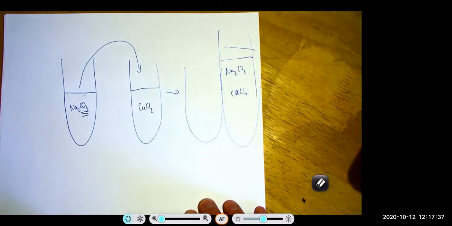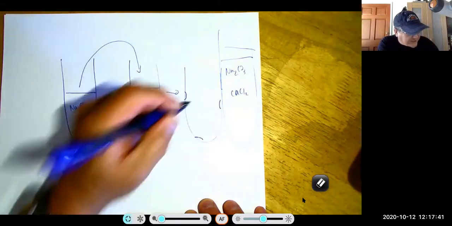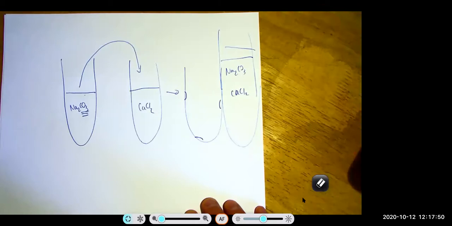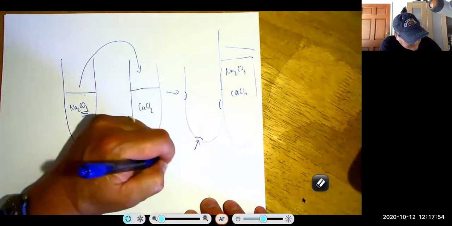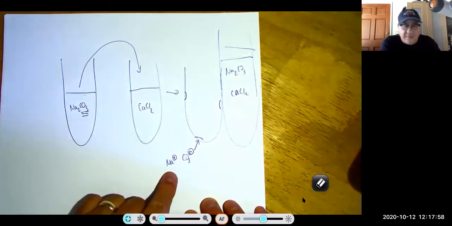Yeah. Okay, so when you pour from this test tube into this test tube, is there ever any stuff left behind? Yes. Little droplets. What's inside that droplet? Sodium ions and carbonate ions.